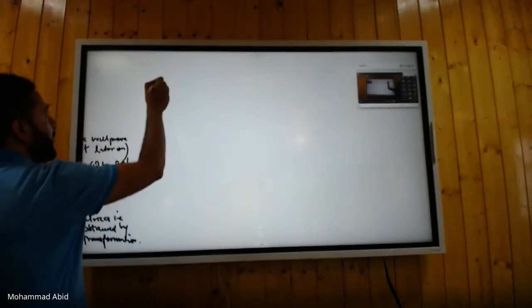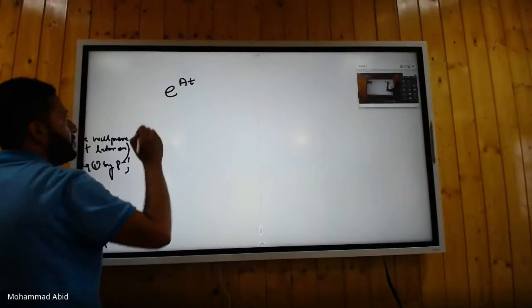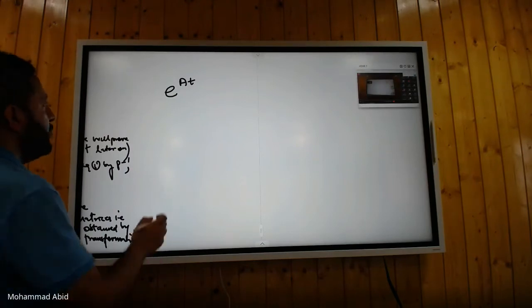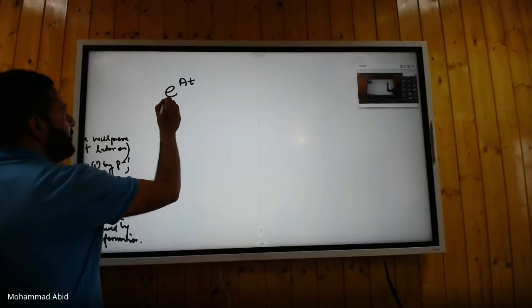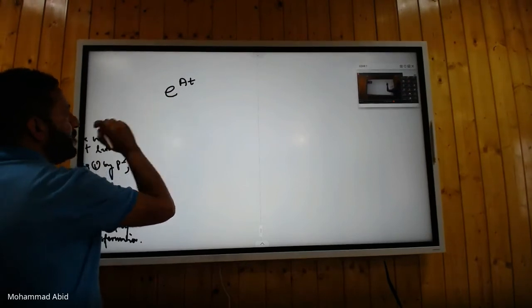We'll come back to that. So we are actually trying to evaluate e to the power At, isn't it? e to the power At हम evaluate करने की कोशिश कर रहे हैं। तो e to the power At को evaluate करने के लिए हम क्या करेंगे? Basically, we'll do something like this.